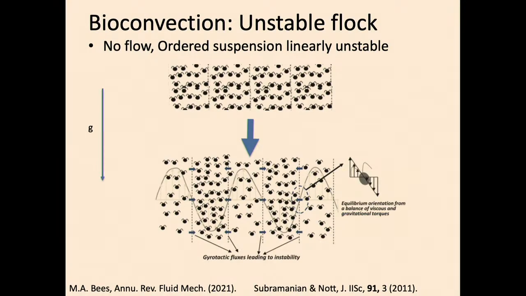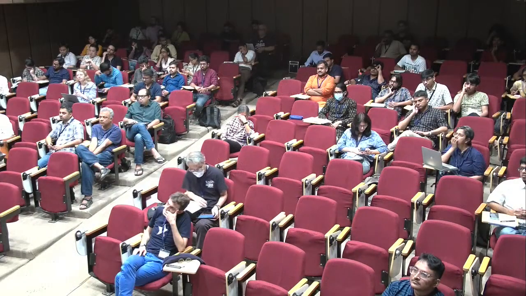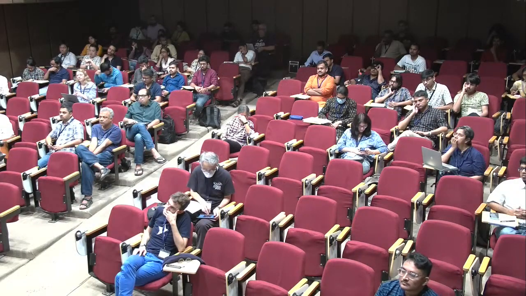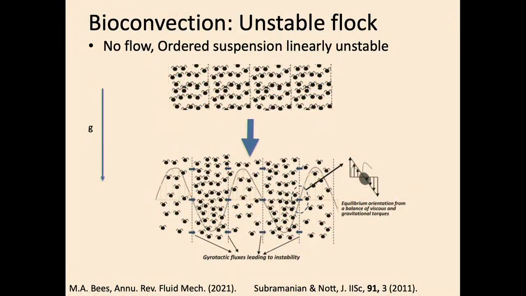But then, like a good active matter practitioner, you could ask a very simple question. Remember, if I take all these organisms, again dilute, and I ask the following: the base state, u equal to 0, with all the organisms swimming upwards, is a solution of the underlying equation. All right? Question: is this state stable or unstable?